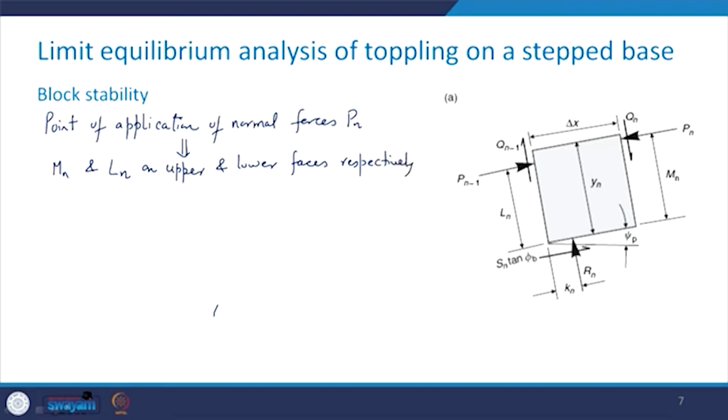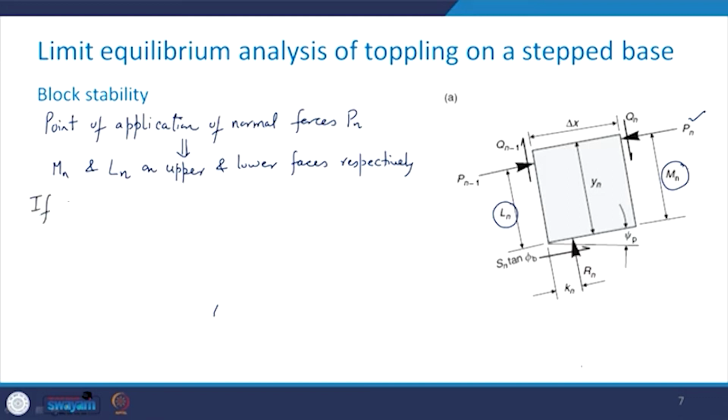See here, this Pn is acting at a height of Mn and Pn minus 1 is acting at a height of Ln. Now, I take the three cases, that is whether this nth block is above the crest, at the crest or below the crest of the slope. So, there is going to be three cases.